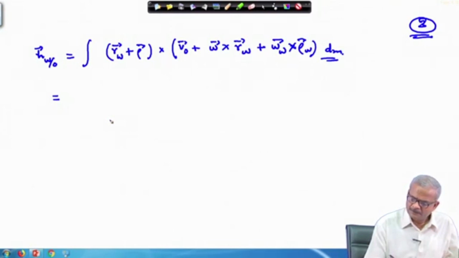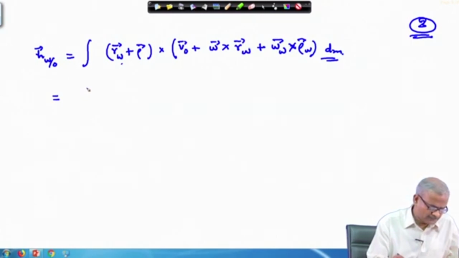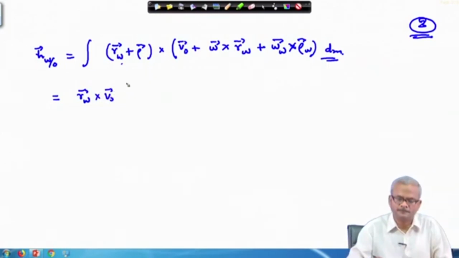Now, for working this out we need to expand it and write the whole thing. So, one by one we can expand and work it out. So, the first one we get as r w cross v 0.